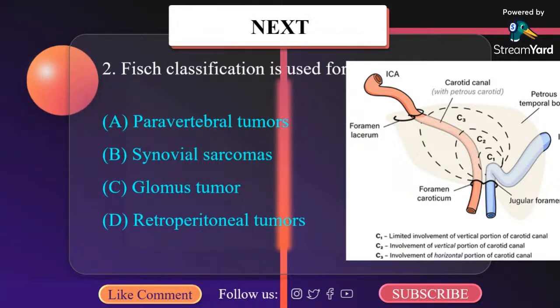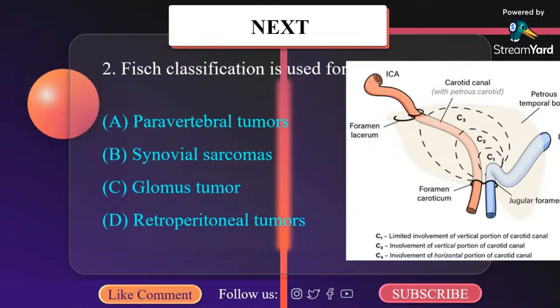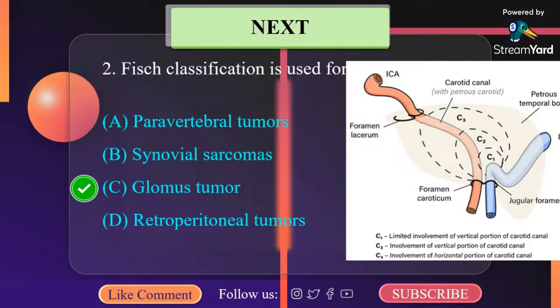So the Fish classification is used for A. Paravertebral tumors, B. Synovial sarcomas, C. Glomus tumor, D. Retroperitoneal tumor. This Fish staging in ENT is used for glomus tumor. So the correct answer here is C, glomus tumor. Let's move to the next question.